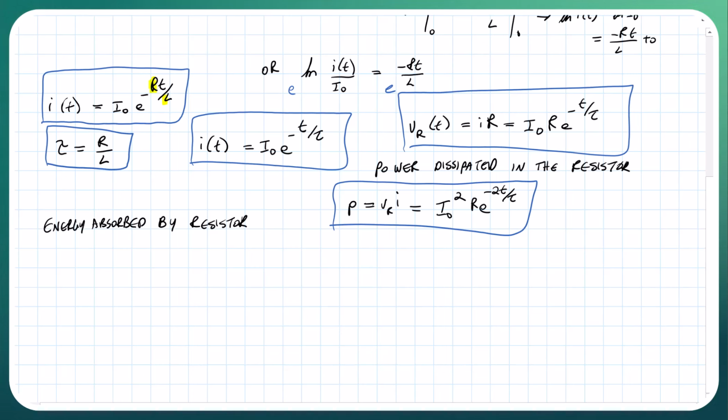We can define this as W sub R of t equal to the integral from 0 to t of power, p of lambda d lambda.